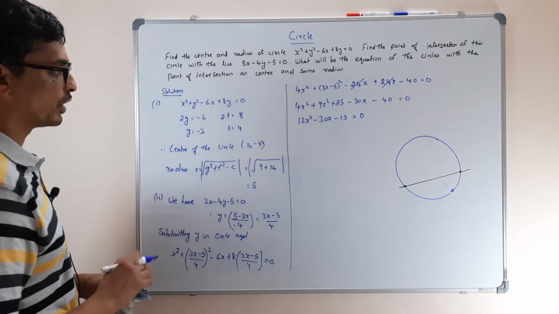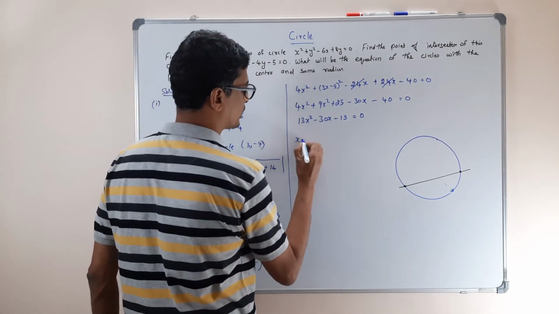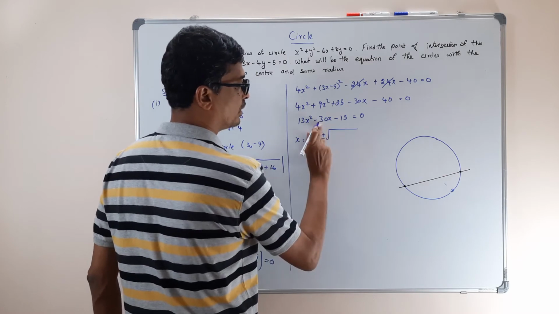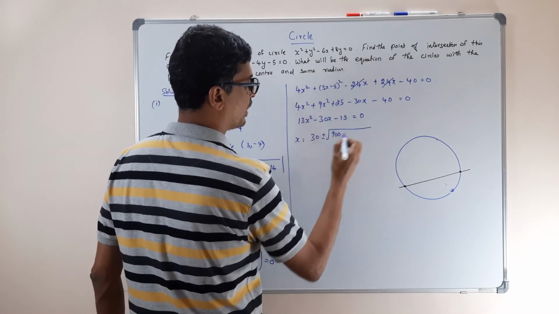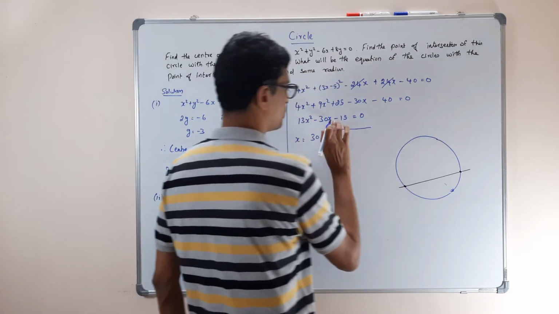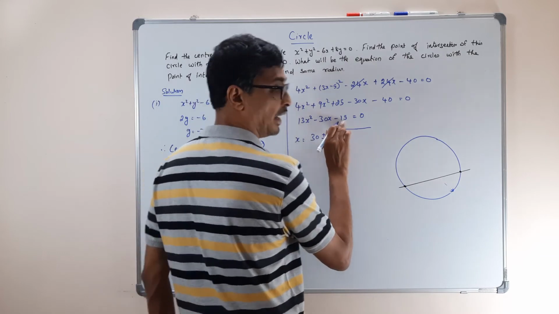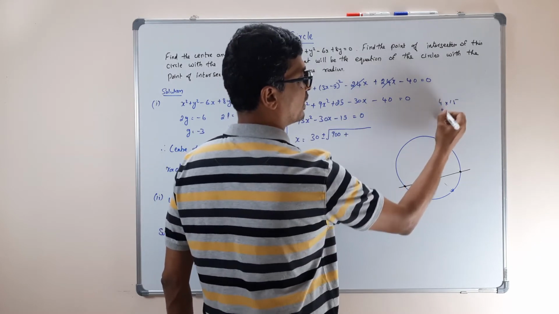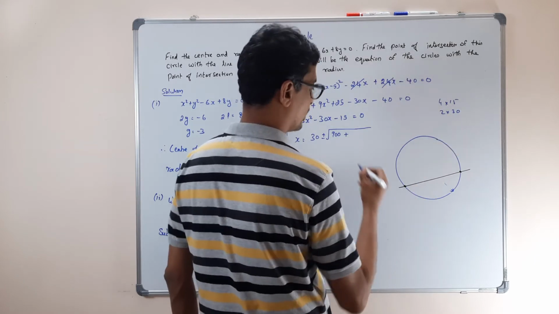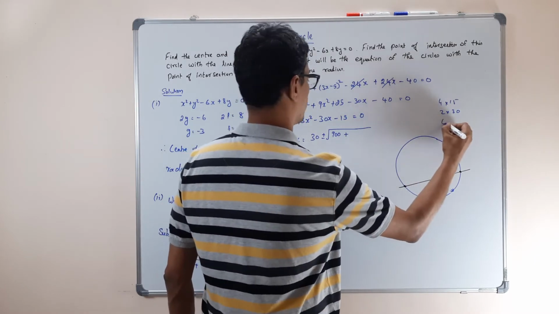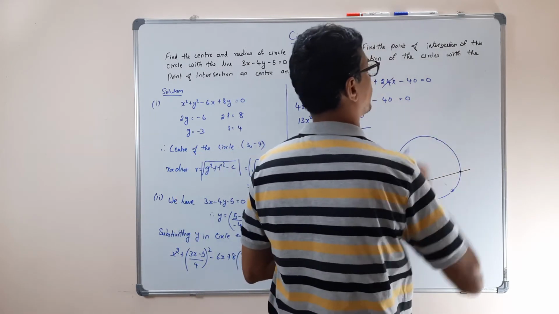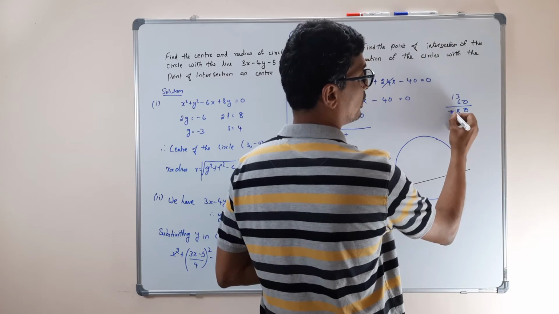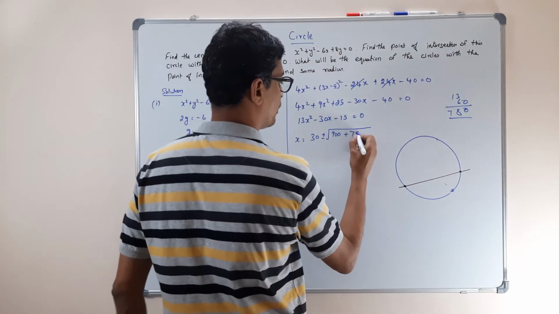We are going to get this quadratic equation, and we have to solve it. So x will be minus b plus minus root of b square minus 4ac, divided by 2a. Here b square is 900, and minus minus becomes plus. 4 into a into c is 60 into 13, which is 780.